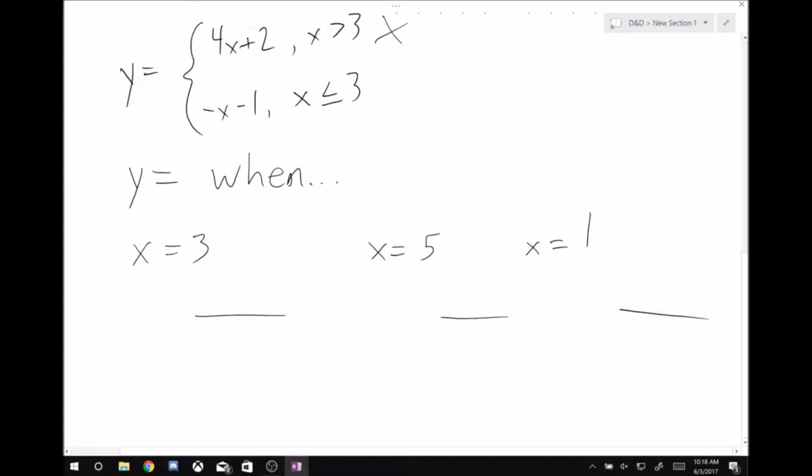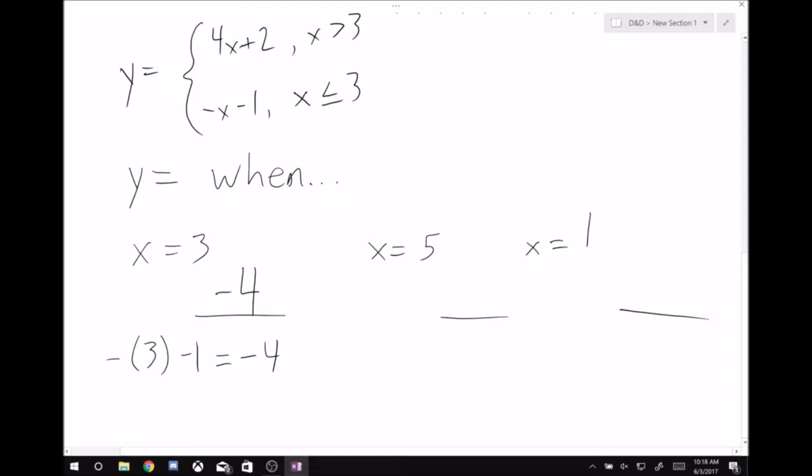The bottom one says y equals negative x minus 1 when x is less than or equal to 3. Well, 3 isn't less than 3, but it is equal to 3. So we would plug it into the bottom equation, which gives us negative 3 minus 1, which gives us negative 4. So our first answer is going to be negative 4.